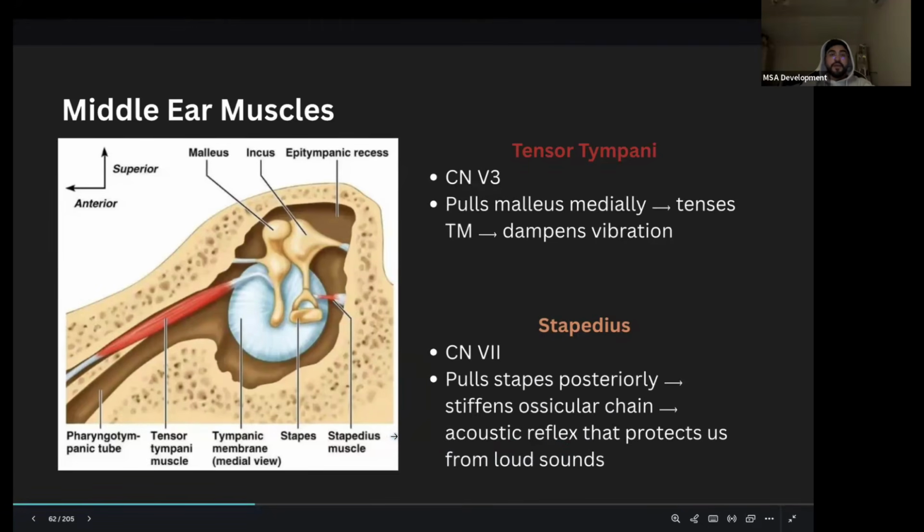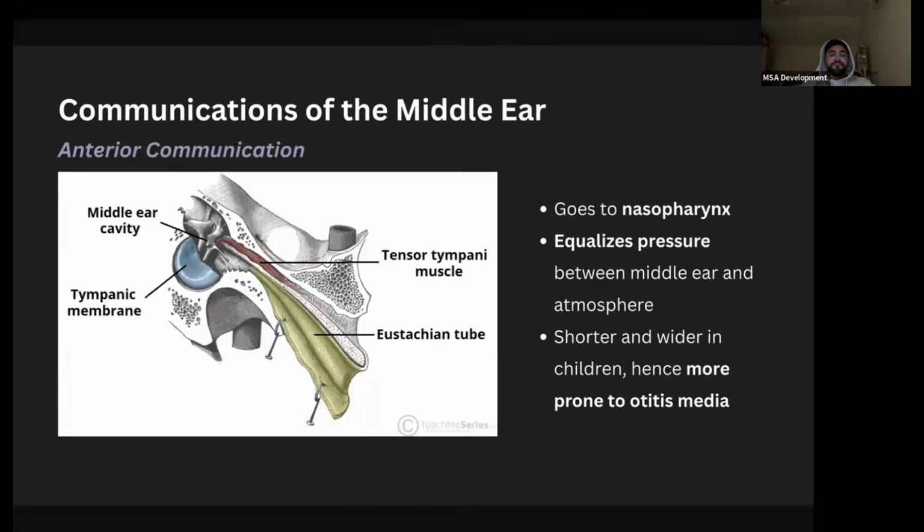Okay. Now, the middle ear has anterior and posterior communication. The anterior communication is going to be through the eustachian tube that connects your ear to the nasopharynx. Why? So that it can equalize the pressure between the middle ear and the atmosphere.